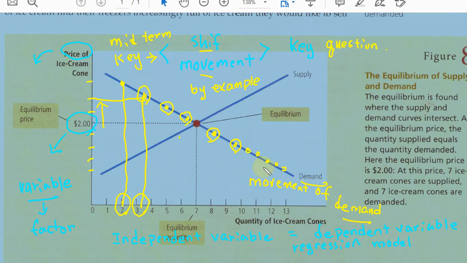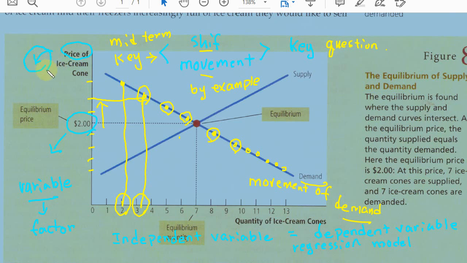So you have to distinguish this one. Movement is caused by a visible factor here. What is the visible factor? The factor is listed here, written here, the price.